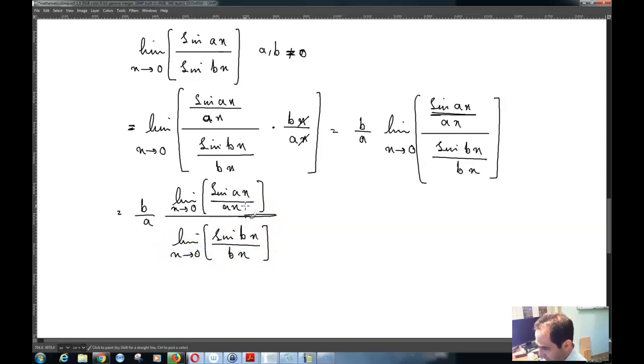And of course you know that this is equal to 1, this is equal to 1, so these two will be just 1 to 1, and so you'll get b to a.